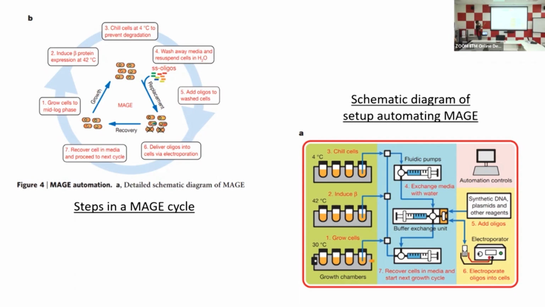Add the oligonucleotides to the solution, deliver them to the cells by electroporation, and then after selection of the cells showing the phenotype, which is not exactly given here, you recover the cells and proceed to the next cycle. And this is what the automated schematic diagram for MAGE looks like. You have various pumps and storage units to keep the cells.